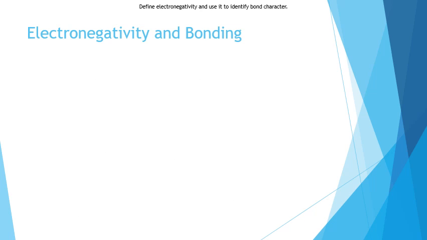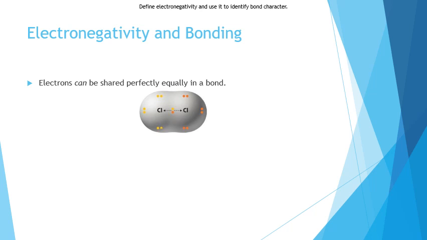Let's consider this same thing with what we know about covalent bonds. Now, we just said that electrons are always shared to some extent, even in ionic bonds. But electrons actually can be shared perfectly equally, though. Consider this, a bond between two chlorine atoms. We looked at that example a bit earlier.